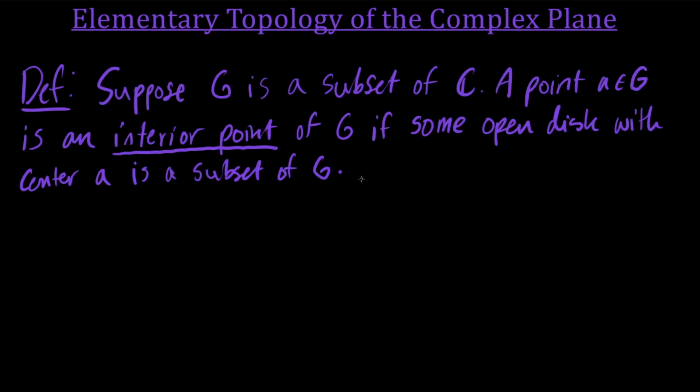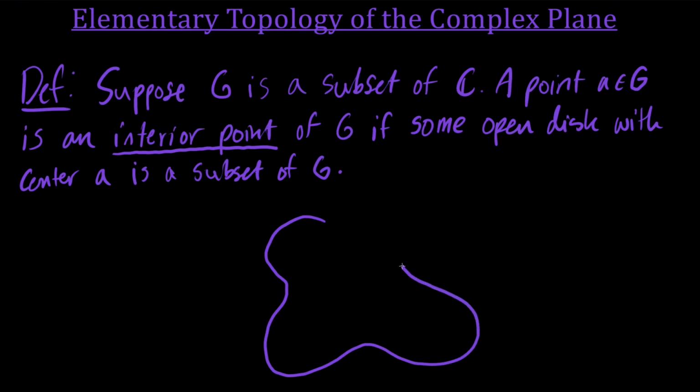Okay, now we're going to talk about subsets of C and how we can classify points within these subsets. So suppose G is a subset of C. A point A in G is an interior point of G if some open disk with center A is a subset of G. So in order to understand what this definition is saying, let's consider an example.